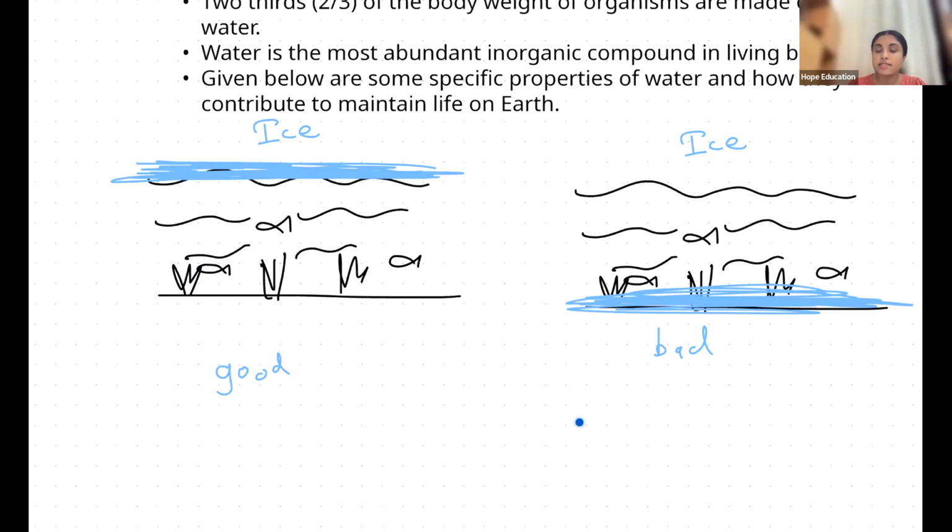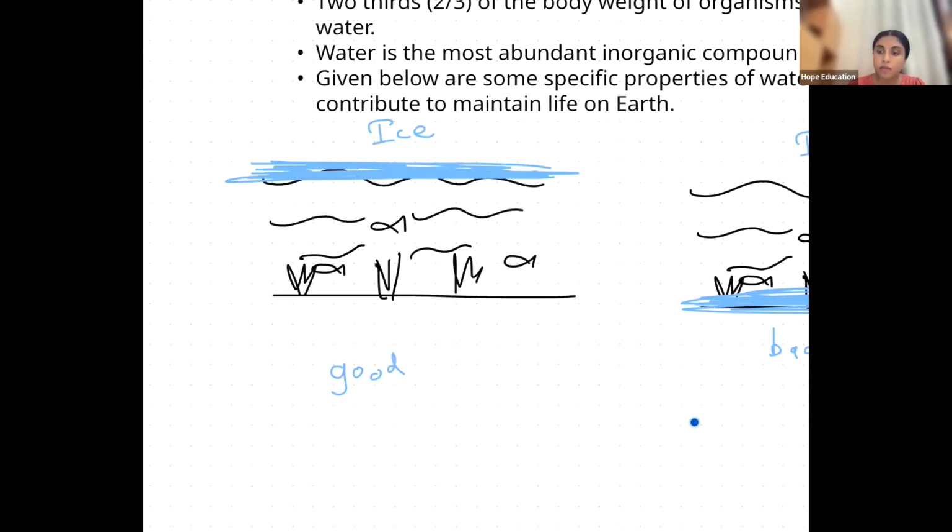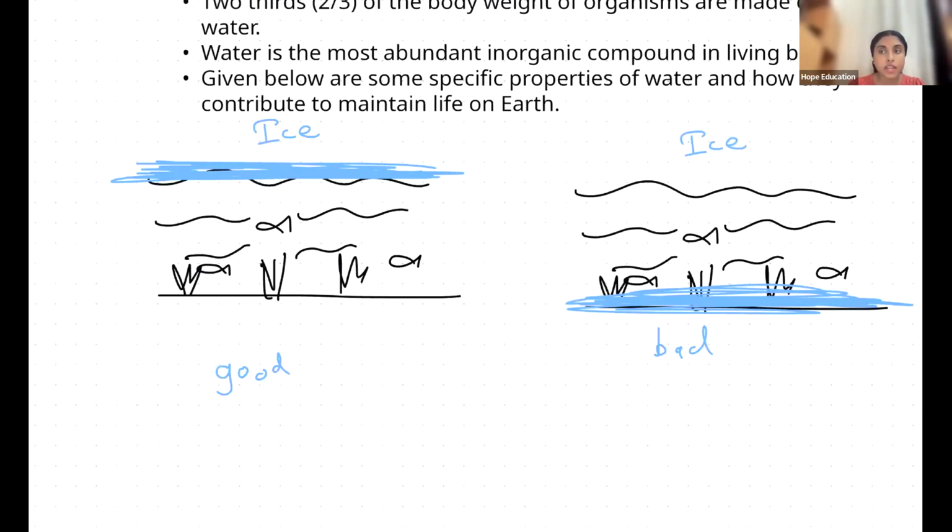So the question is, oxygen comes from the plants. Plants produce oxygen during photosynthesis, but plants also need oxygen for respiration.